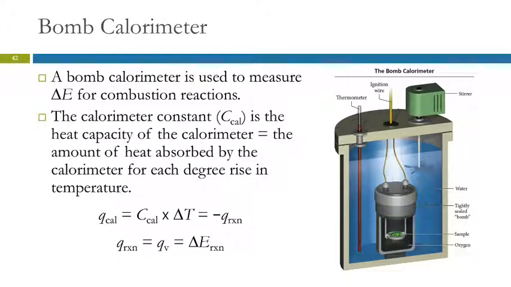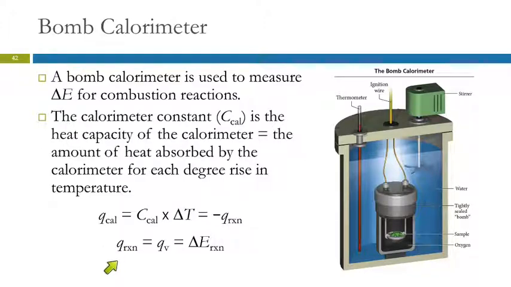So all the heat being given off by the reaction gets absorbed by the water, causing a temperature change in the water, and we can measure the temperature change. And we've got Q equals mc delta T, so we can look at the heat capacity of the calorimeter and the change in temperature to find the amount of heat absorbed by the calorimeter, and that tells us how much heat was released by the reaction. Does that make sense?